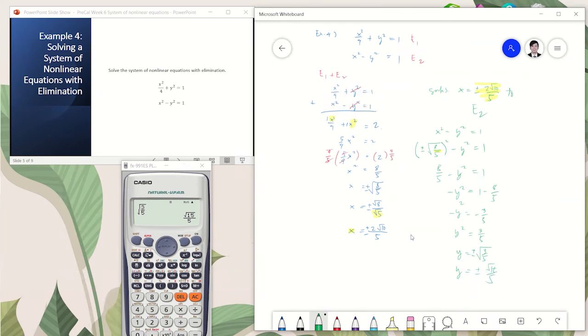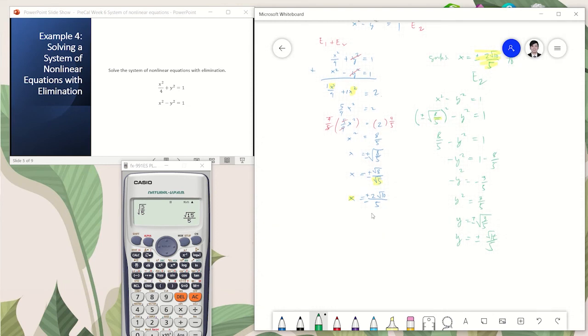Okay. So that's it. So you'll just have to combine. Choose the combination, considering that there are two x's and there are two y's as well. So possible, the solutions are, first, the x could be positive 2 square root of 10 over 5, and then the pair would be a positive square root of 15 over 5.